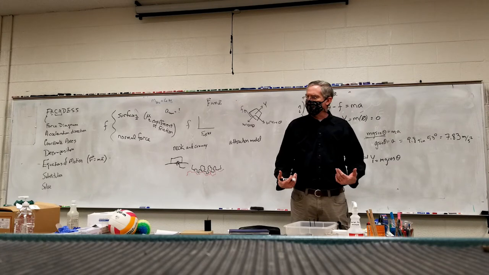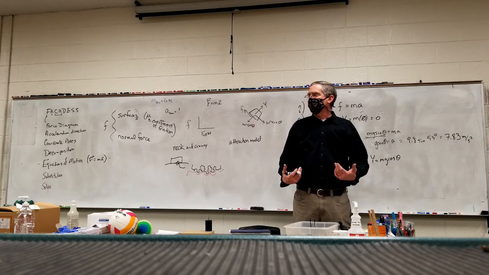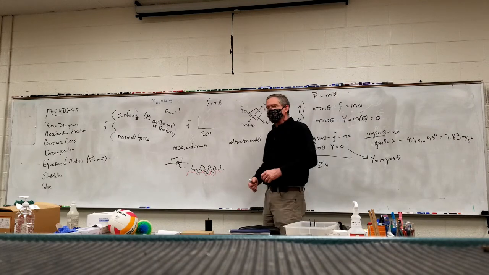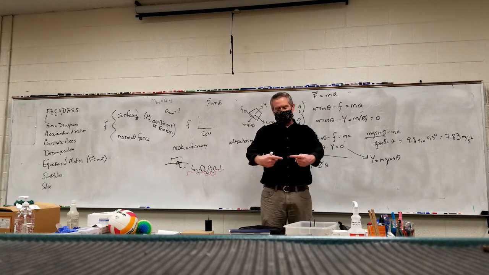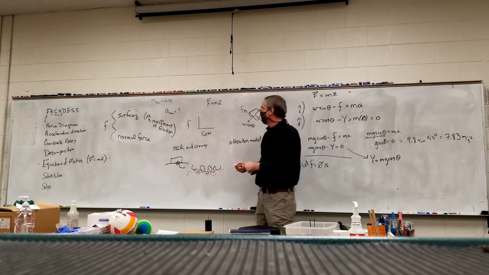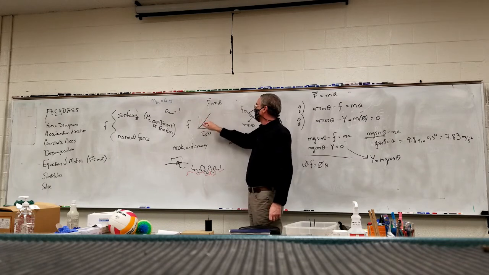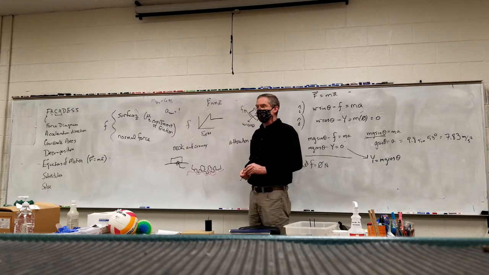I push harder, there's more resistance. At some point, I hit a breaking point. If something's not moving, friction is always going to be enough to keep it from moving until you hit that breaking point. So the friction will match the applied force up to a certain point. At that point, it breaks away and the friction drops off to something else.